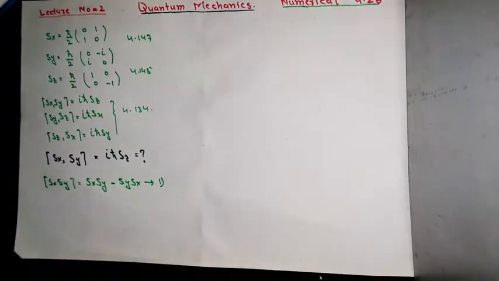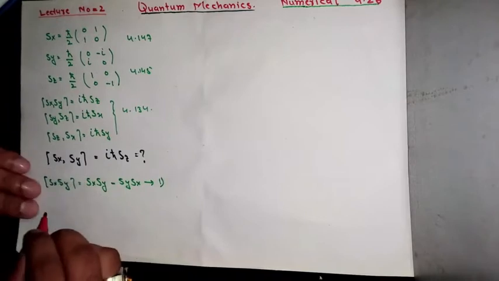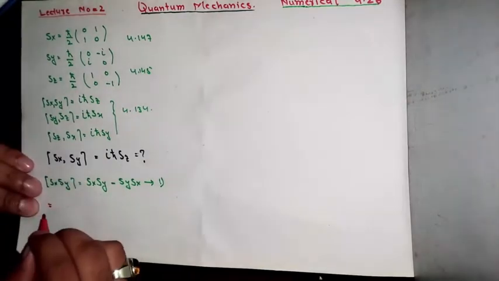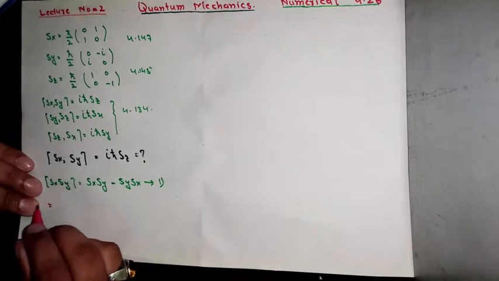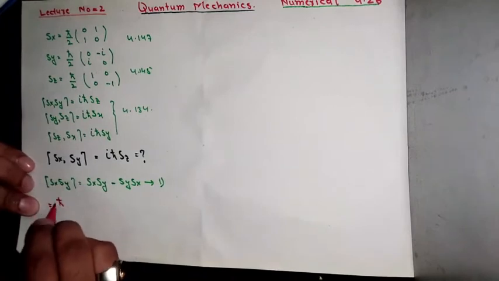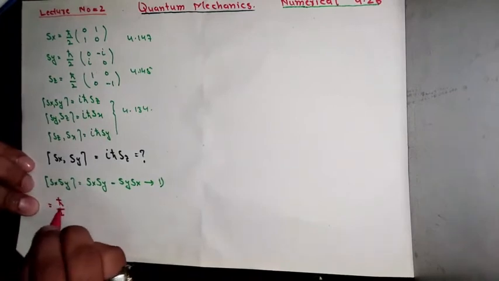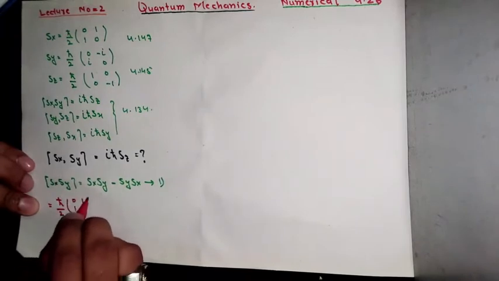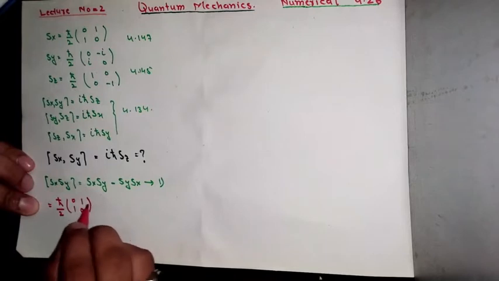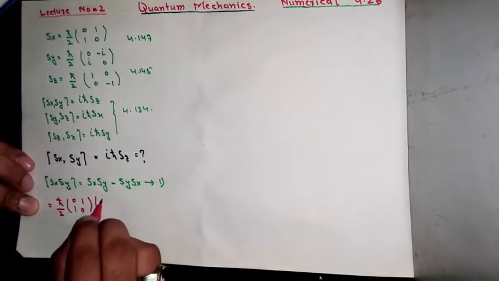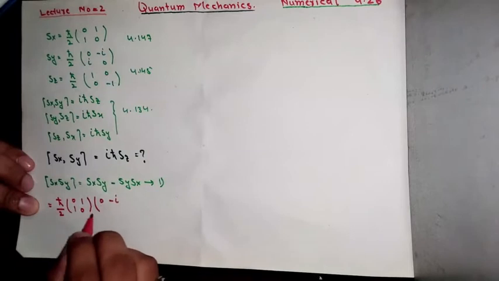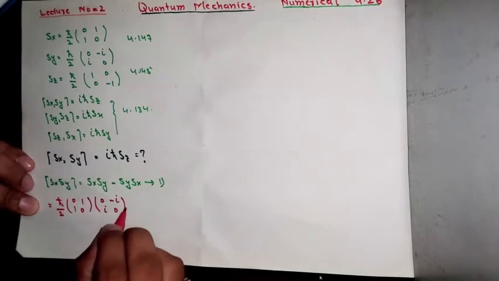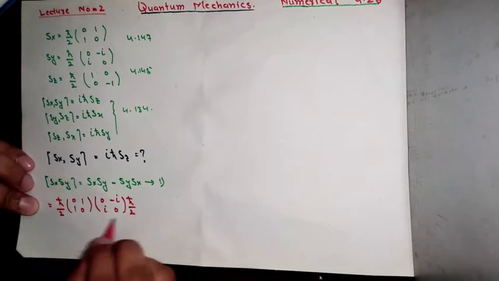So I am putting the values of Sx and Sy in this equation. The Sx value is given, so I simply put those values. So h bar divided by 2 times [0 1; 1 0] is the Sx value, and the Sy value is h bar divided by 2 times [0 minus i; i 0].